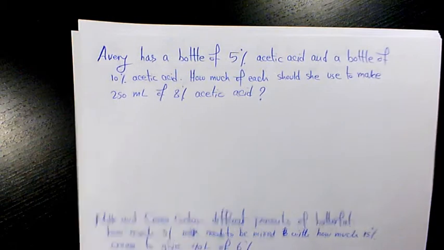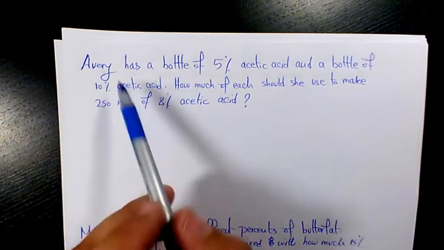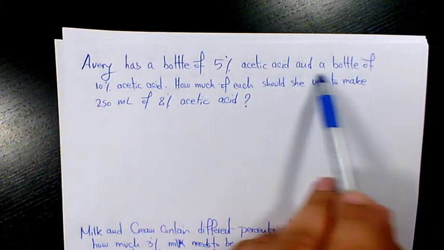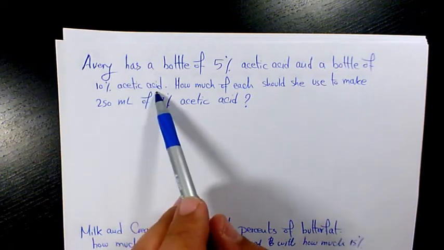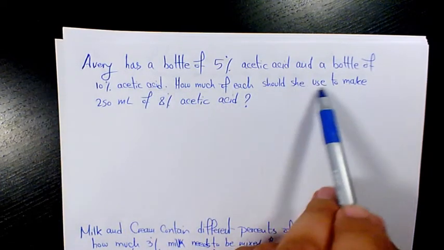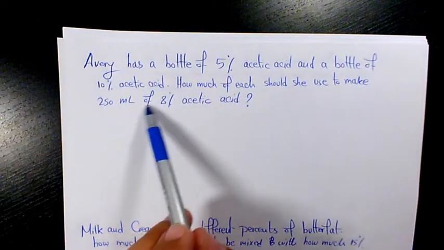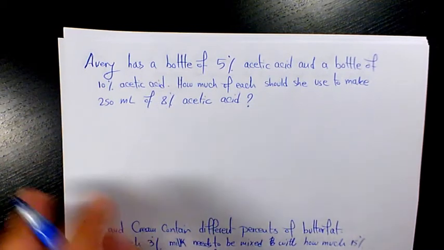Next example. Avery has a bottle of 5% acetic acid and a bottle of 10% acetic acid. How much of each should she use to make 250 milliliters of 8% acetic acid?